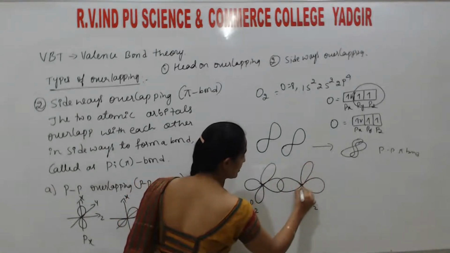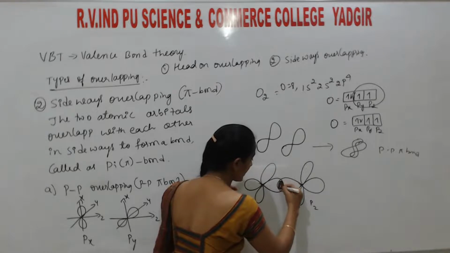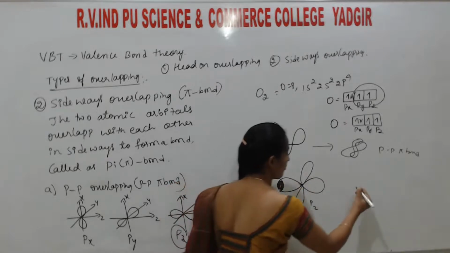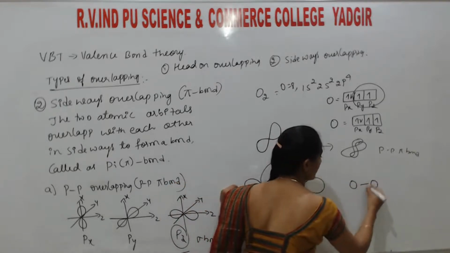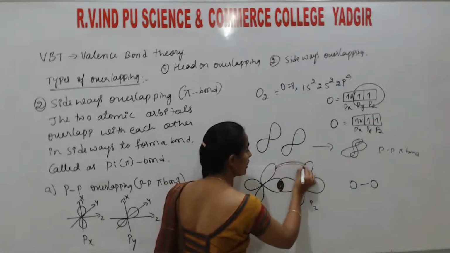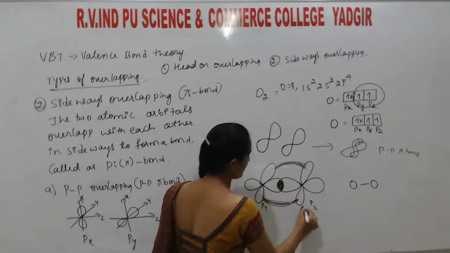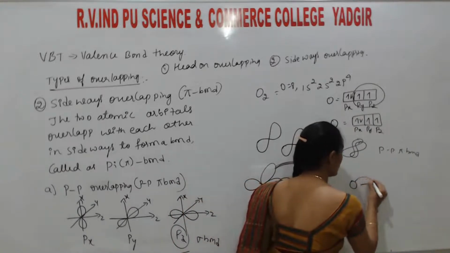Like this. So students remember, here of course the axial overlapping takes place. Means they form a single bond, a sigma bond. Another one is sideways overlapping. This is py, this is py. Here one is above and one is below.